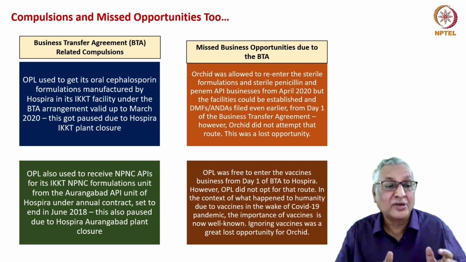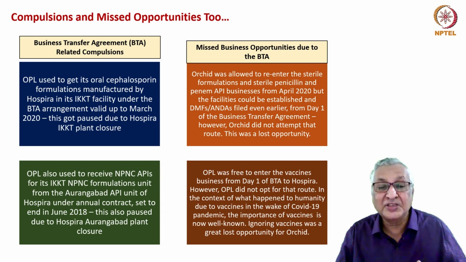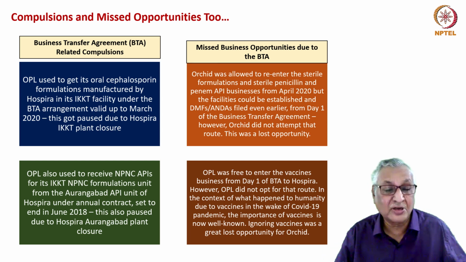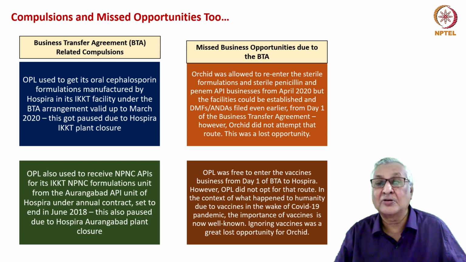OPL, that is Orchid Pharma Limited, also used to receive NPNC APIs for its IKKT NPNC formulations unit, and those were being supplied from the Aurangabad API unit, where also the production was halted. This also resulted in pressure on Orchid.